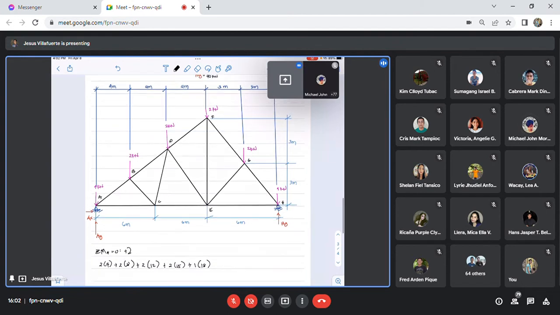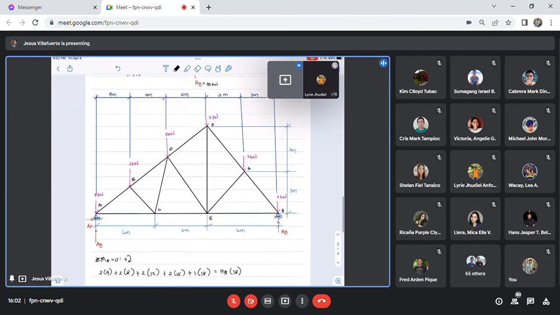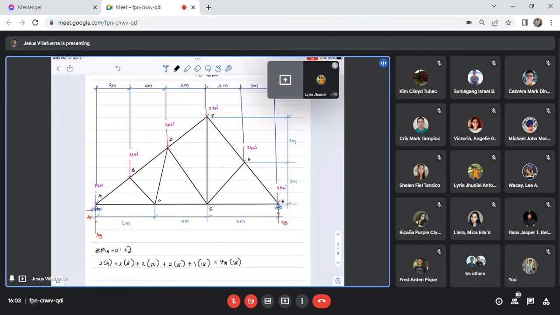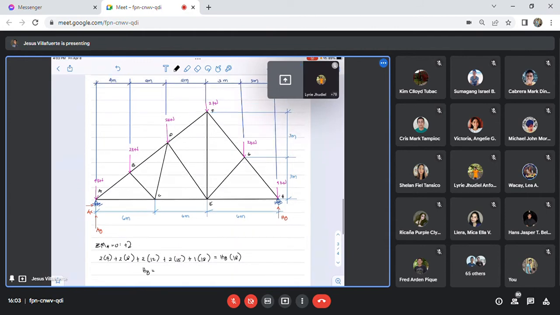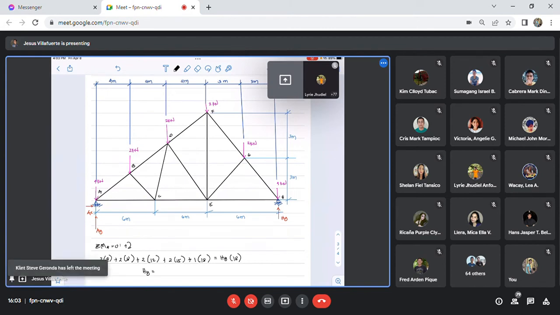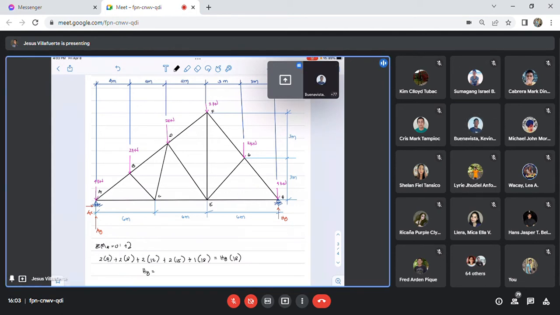And then, what is counterclockwise? HY times 18. So, could you please evaluate all of this? And let me know what is the value of HY. This is 1.